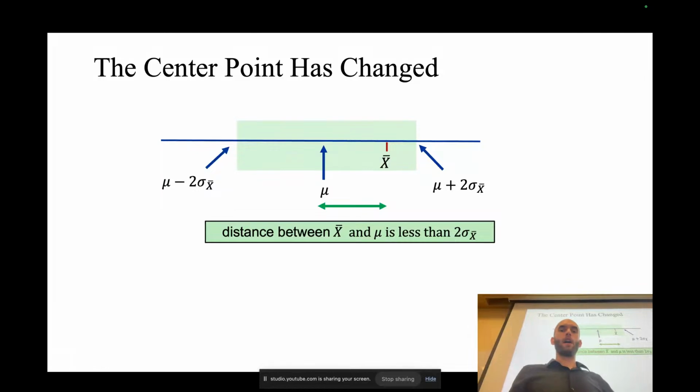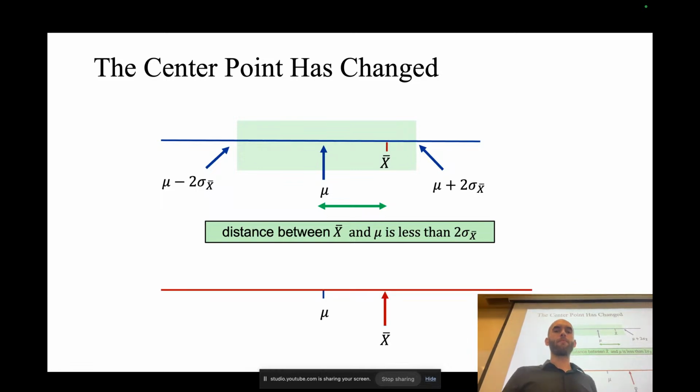And we're just saying the distance between x bar and mu needs to be smaller than 2 sigma x bar 95% of the time. And we're essentially just switching this. Because all that matters is the distance between these 2 things, we can then just put the distribution given to us by the central limit theorem around x bar. So mathematically, these 2 things are identical.